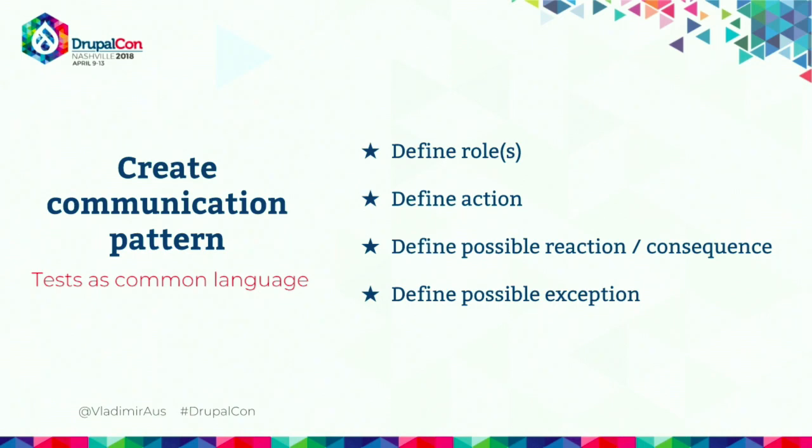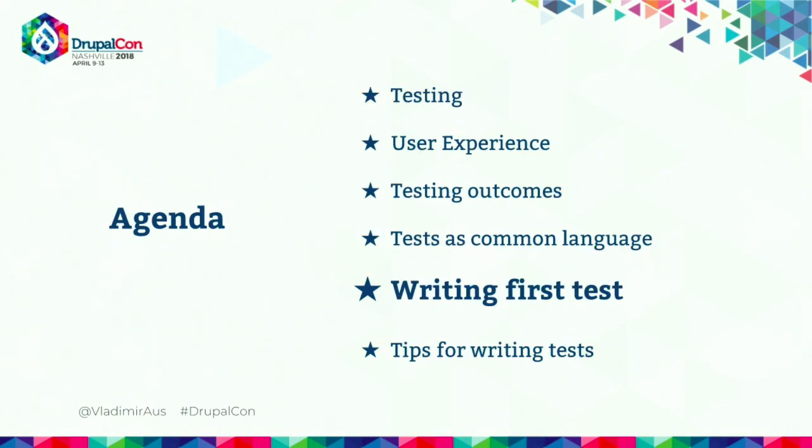So we're going to define a common pattern, and by no means use it as a template, or use it as a template, it's fine. That's how I work, and I've done it on multiple projects, and that works fine. So we're going to define roles, which some methodologies call user stories. We're going to define the action that these roles do. And then there is a reaction that happens to that action, and there is a possible exception to that. Simple. So finally, after 23 minutes of me talking, let's write our first test.